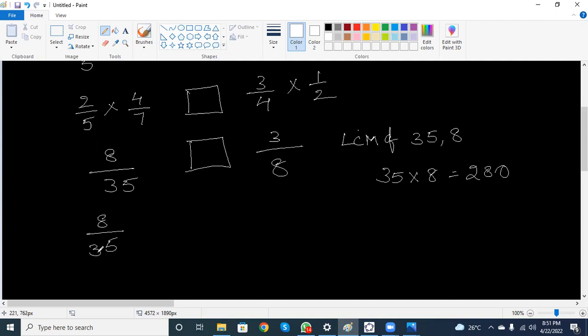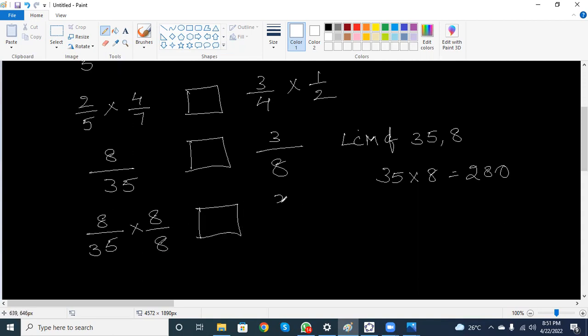In the denominator we have 35 here, and I need to make it 280. So we need to multiply by 8. If you multiply 35 by 8, you get the LCM in the denominator. So multiply this fraction's numerator and denominator by 8.